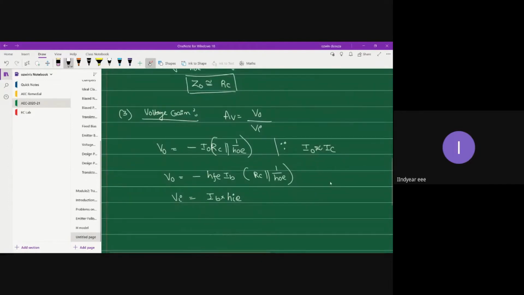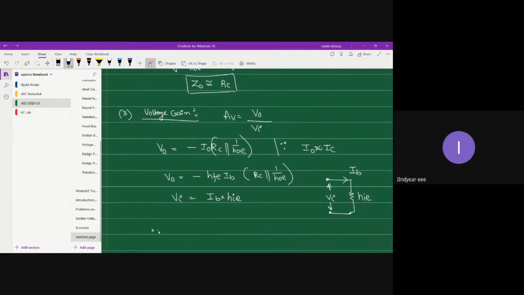Let me draw the equivalent circuit because I don't want to take II current, as I will not have any ratio between II and IB. That's the reason. So this is my HIE, this is my VI, and we know that through HIE current IB flows. On that basis, I have taken VI is equal to current into resistance.